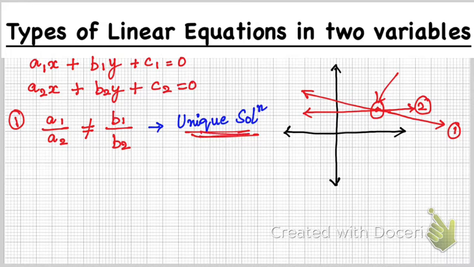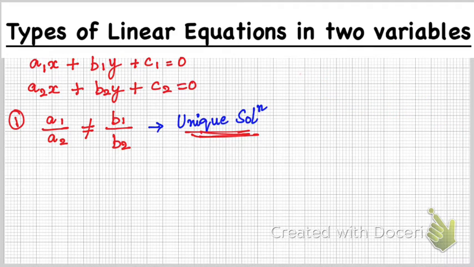So the graph for a unique solution looks like this. If a1 by a2 is not equal to b1 by b2, you will always have a unique solution.